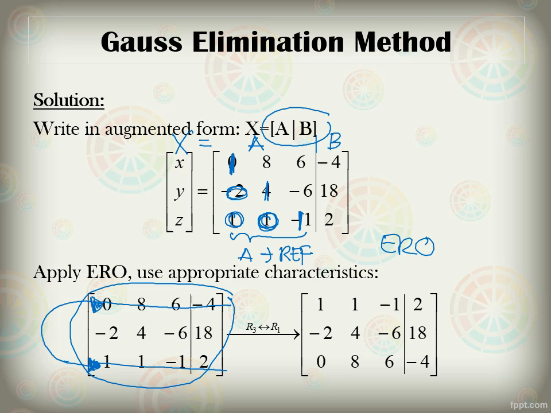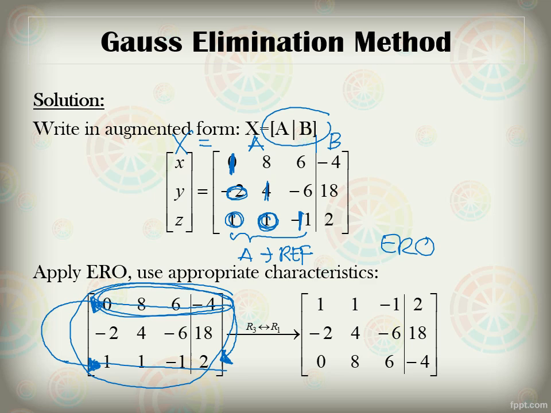Row 1, the whole row, write it as the third row. So all the elements in the first row become the third row: 0, 8, 6, including the B, which is minus 4. Okay, clear?